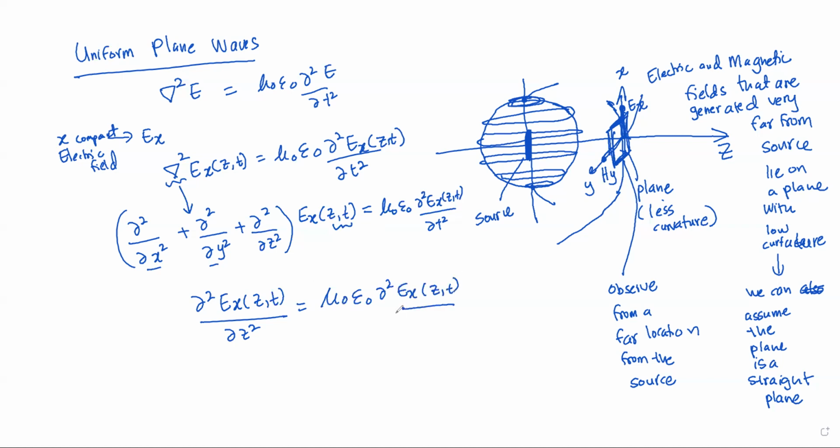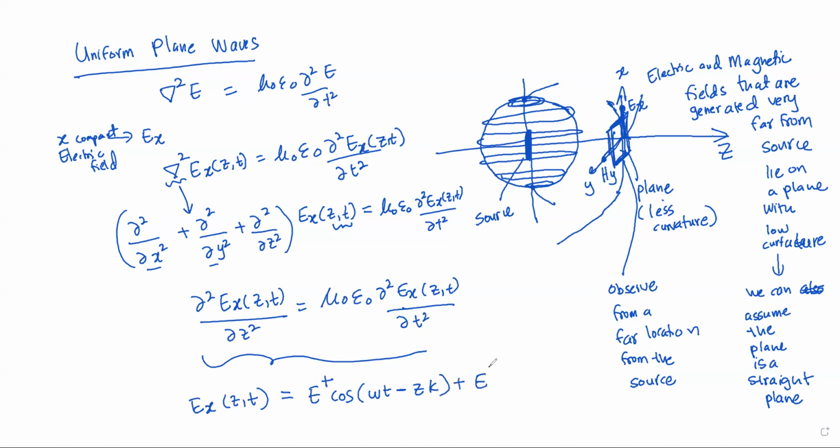And based on the mathematics, the solution to this equation will be of the form where the electric field will be sinusoidal in nature. It can be denoted using a cosine function, which varies like this.